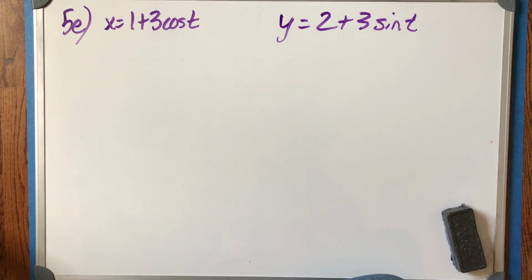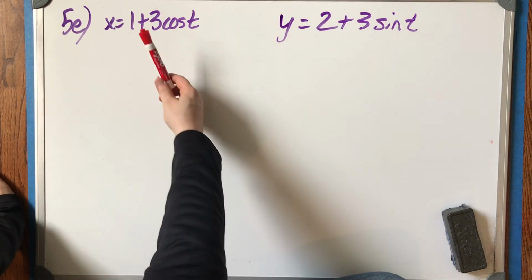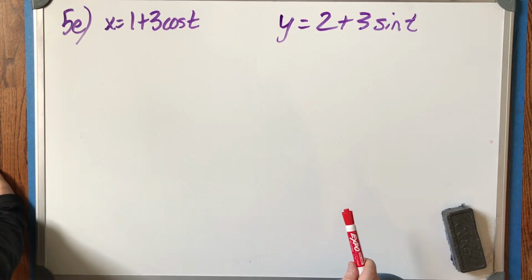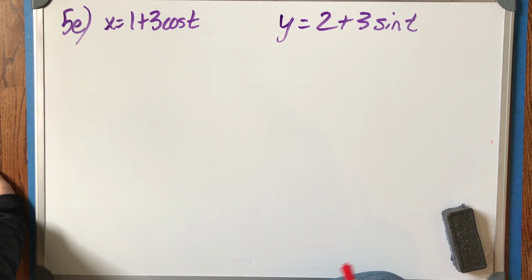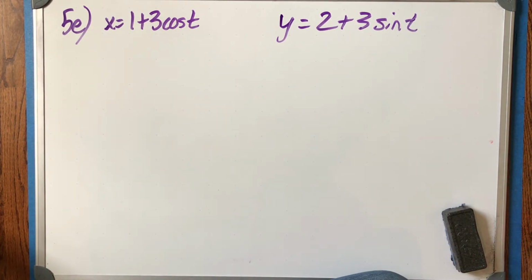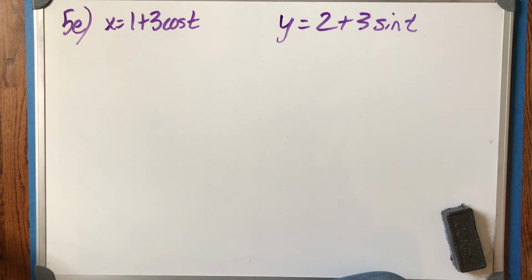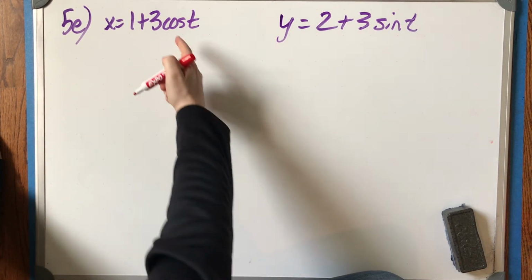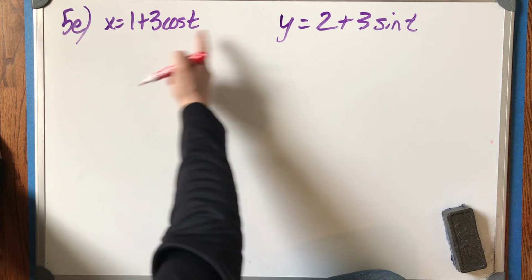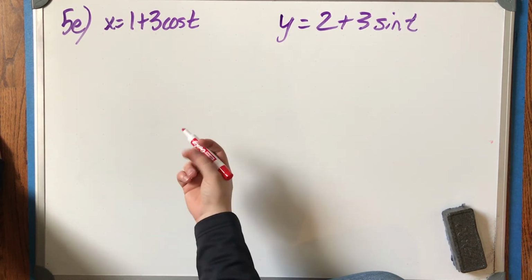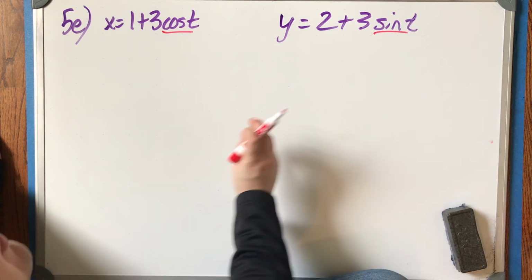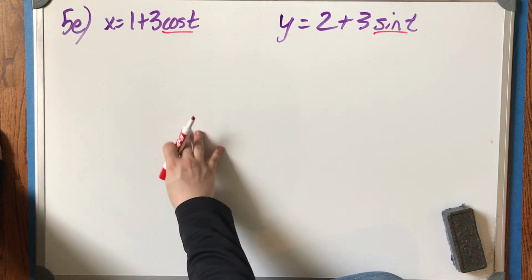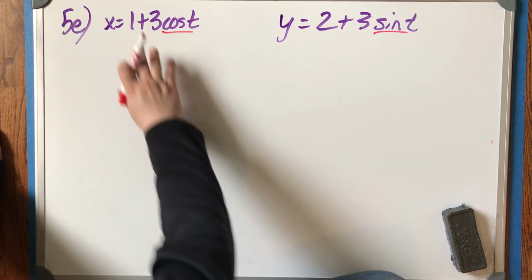For 5e, I already have an idea of what this is going to be as a rectangular equation, based off of the graphing one that we did for 3d, where x was a cosine and y was a sine. So I have a feeling this is going to be a circle, but I'm not positive. Whenever we have the cosine and the sine and we're trying to eliminate the parameter, I'm going to try to isolate the sine and the cosine and then square them so I can substitute into sine squared plus cosine squared equals 1.